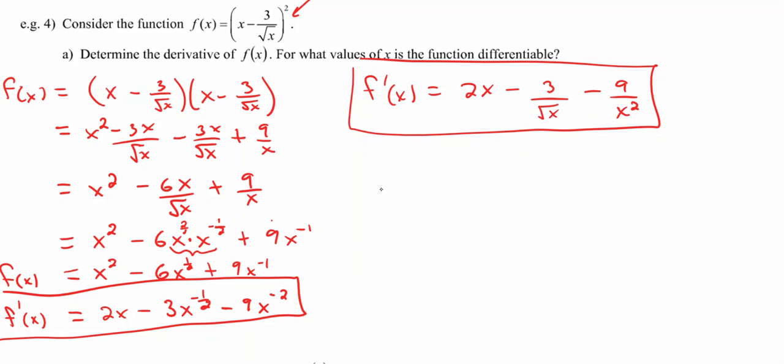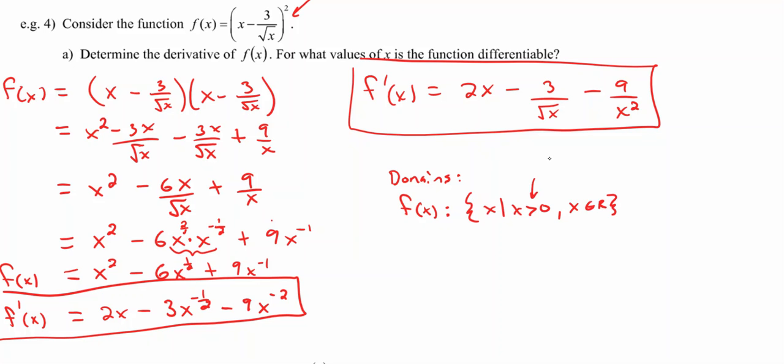So we'll just do the domains of both functions, of the original and the derivative. So we'll say the domain for f of x is, in squiggly brackets, x such that x is greater than 0, where x is a member of the real numbers, right?